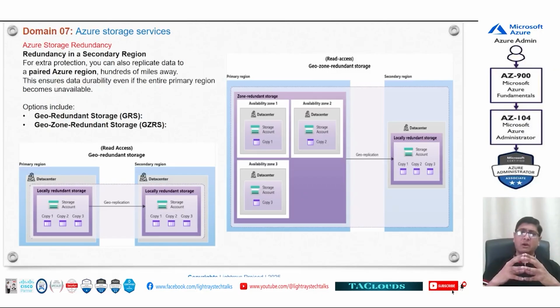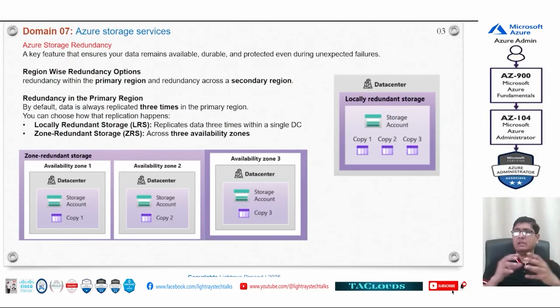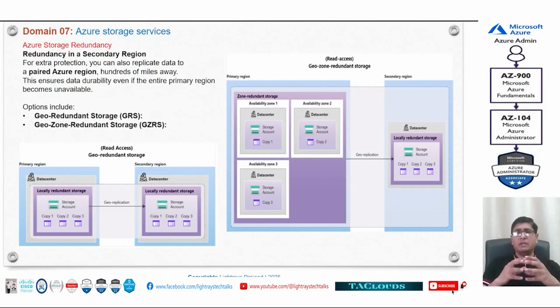So the locally redundant option we can use in one region, and as we understood on the last slide, we have locally redundant and zone redundant. One of the options we will put in one region, and the second option in the second region. So that will be less costly.